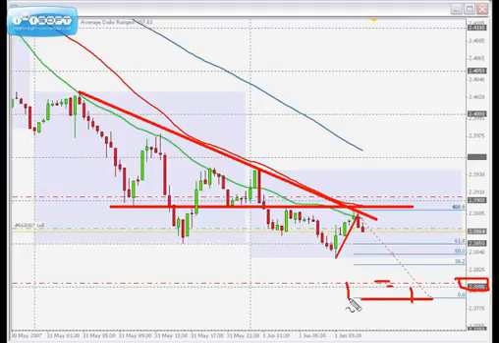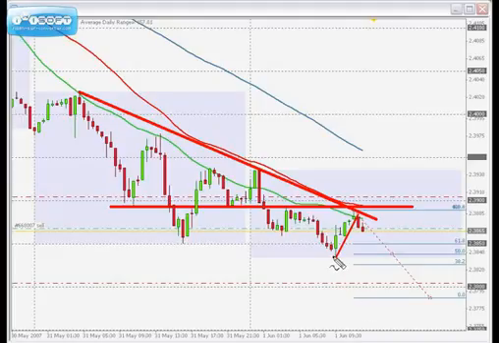I'm giving up perhaps about 20-25 pips of this move, but nonetheless, I don't want to risk it. I'm very conservative with my trades and my targets.